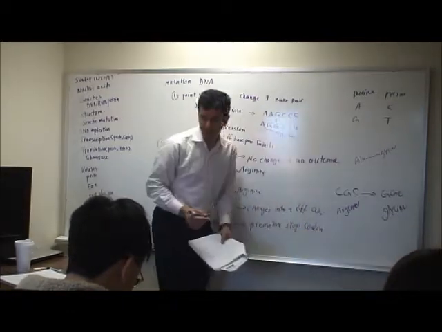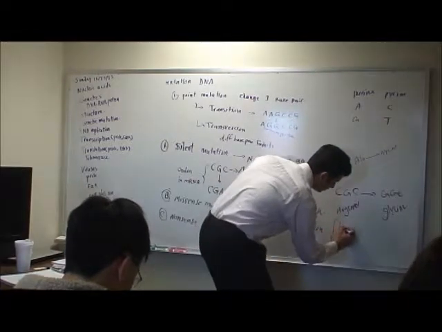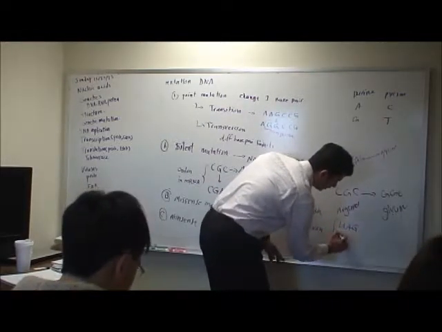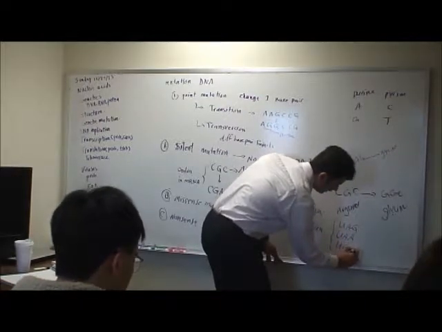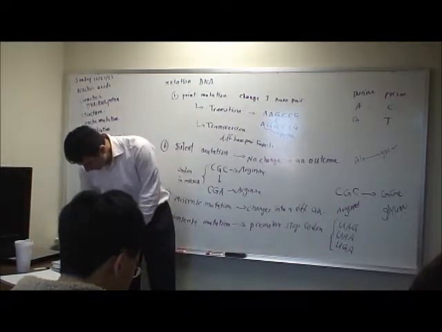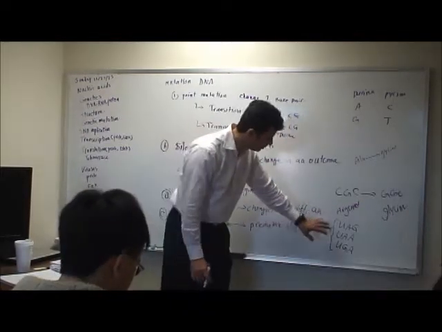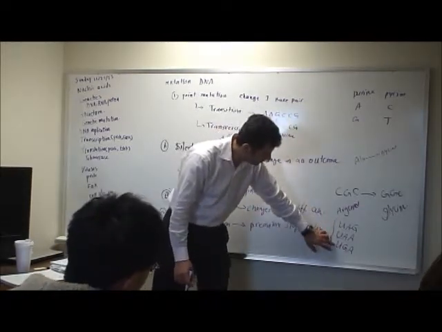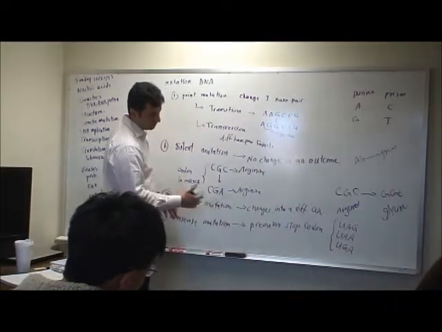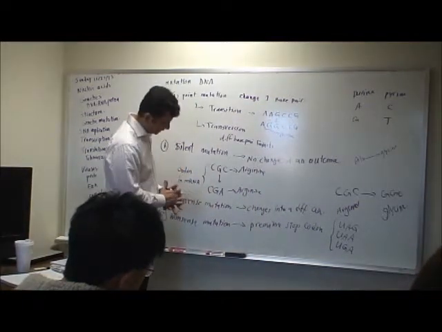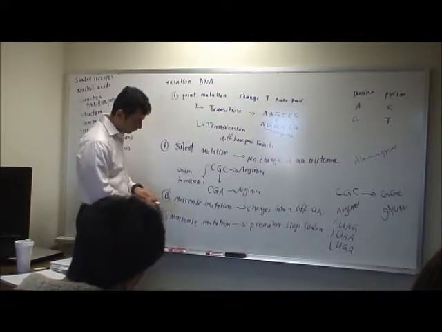Do you know what the 3 stop codons are? UAA, UAG, you are gone, you go away, UGA. Am I right? So it causes a premature stop codon. If a change in DNA causes this structure in the mRNA, that's called a nonsense mutation. I have another category, I'll go into it in a moment.